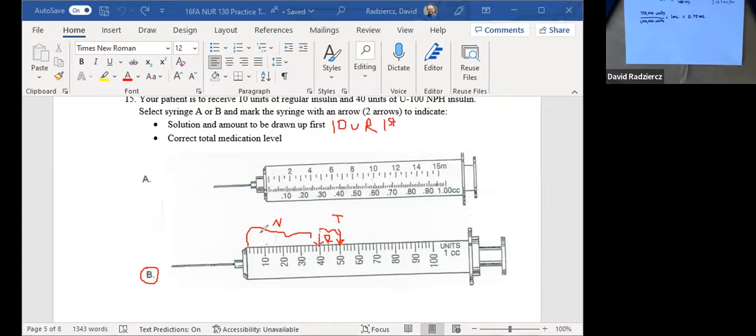So step 1, 10, and then mark it at total 50 and then go from there. But over the years, students had missed this question because I think what they're looking for is you being able to break down where it would be when you would draw it up. I don't know if I answered your question, but that's how I would answer this question.